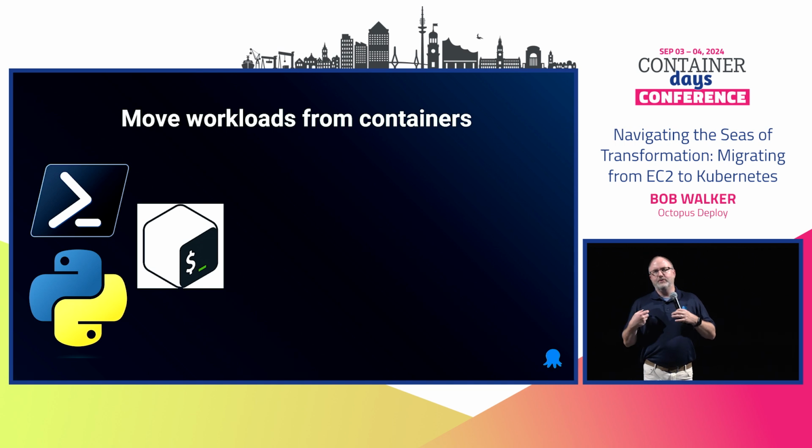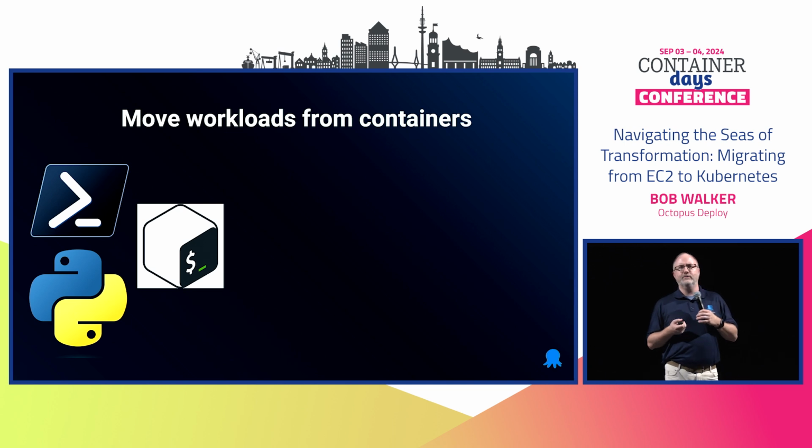We also had to move workloads that couldn't run on containers. So I mentioned that we ran everything on EC2 virtual machines, and there were Windows-based machines. One of the most popular steps for Octopus Deploy is the ability to run a script step. And at the time, the vast majority of our customers were running PowerShell scripts. And they expected them to run on a Windows server.